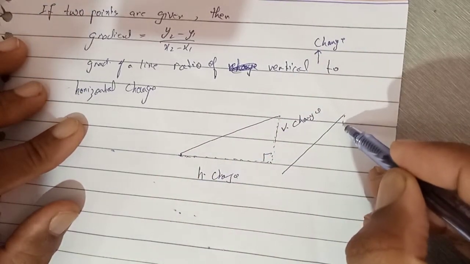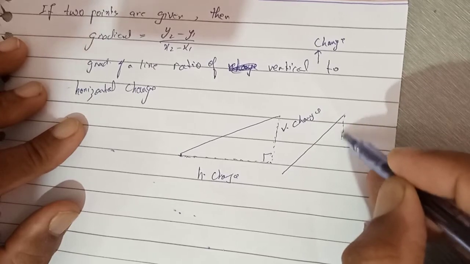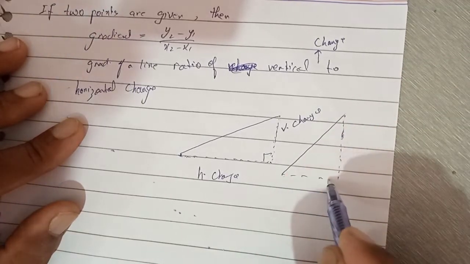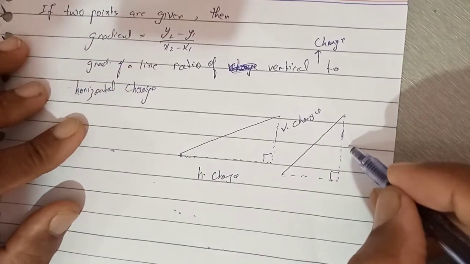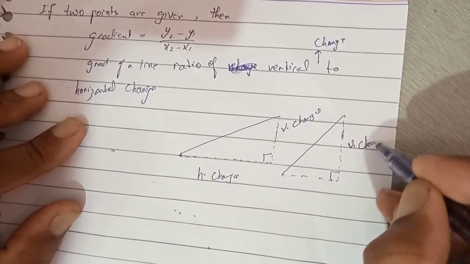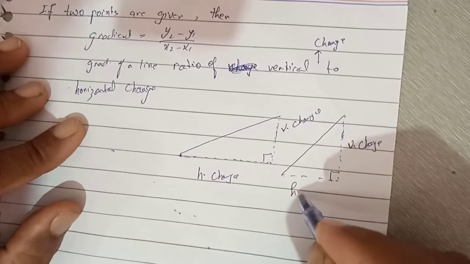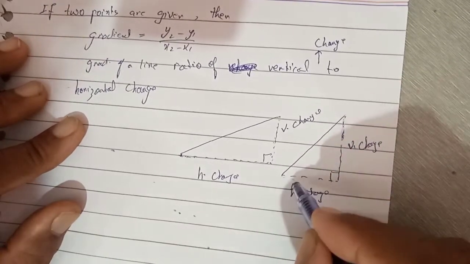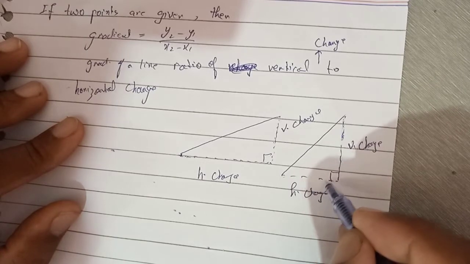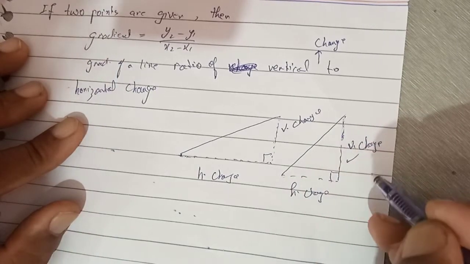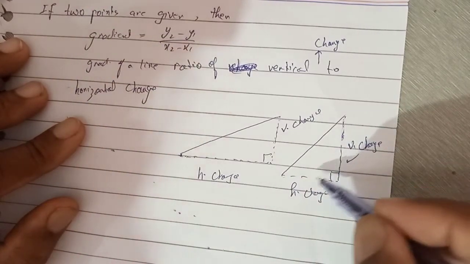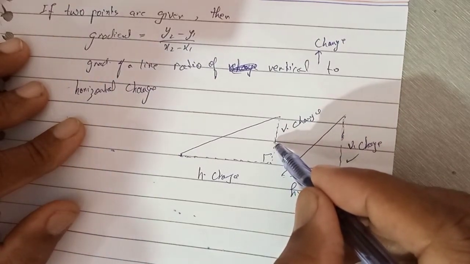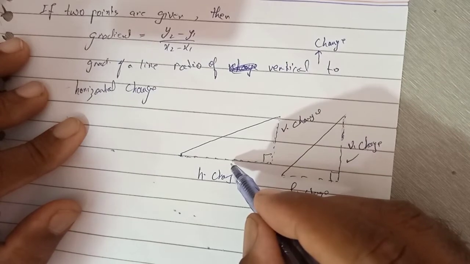If you take this line and complete the right angle triangle in this way, this is the vertical change of this line, and this is the horizontal change. You can say this is the perpendicular and this is the base. Over here vertical change is greater than horizontal change; over here vertical change is smaller than horizontal change.